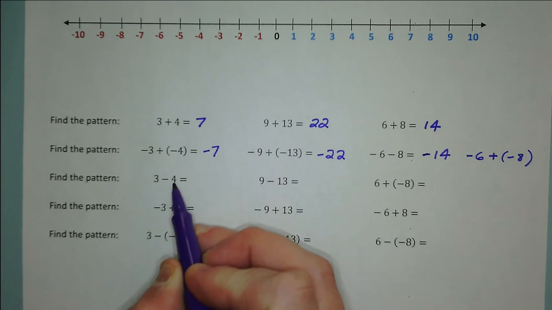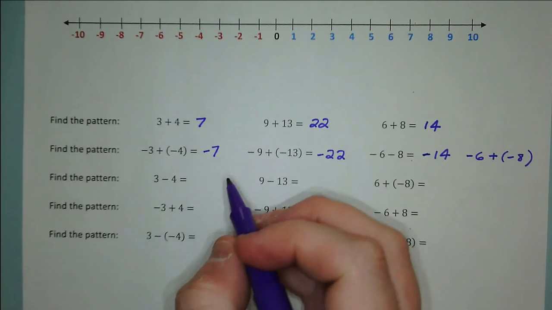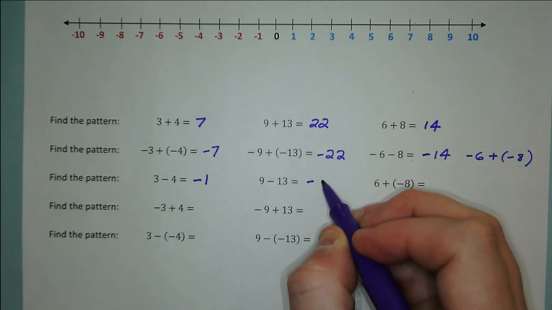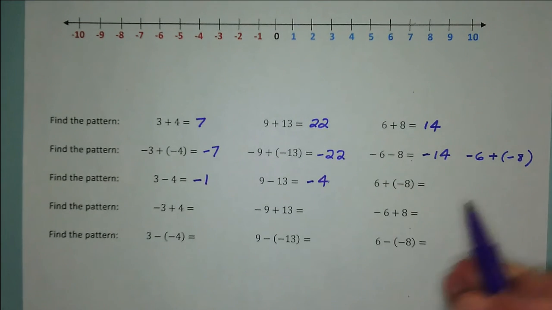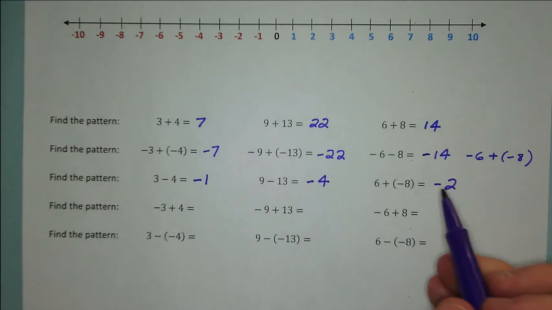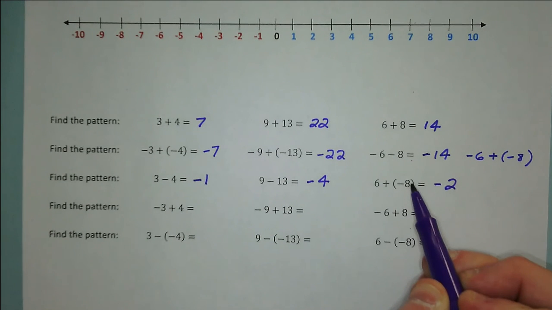3 minus 4. Again, that's the same as doing 3 plus a negative 4. You should get negative 1 and negative 4, and negative 2 for that one. A positive 6 and you're adding a negative 8.